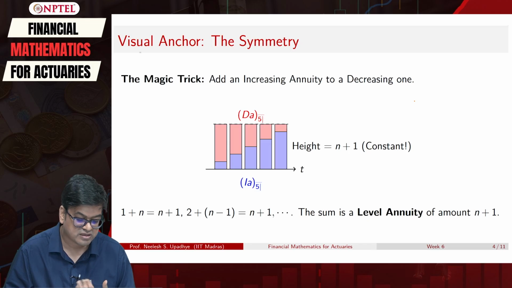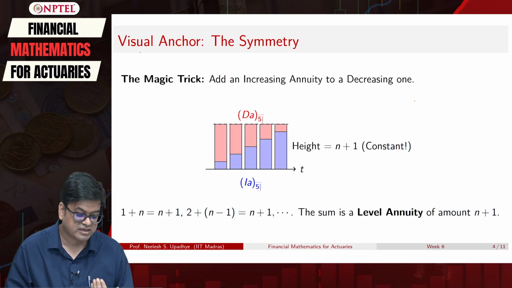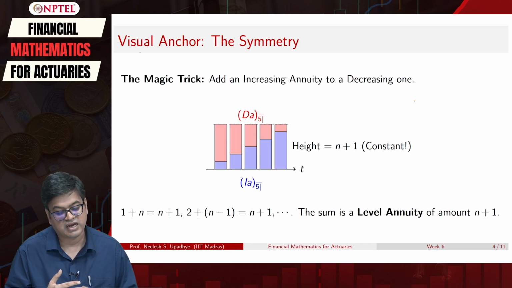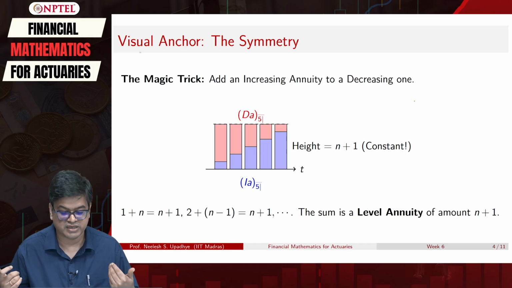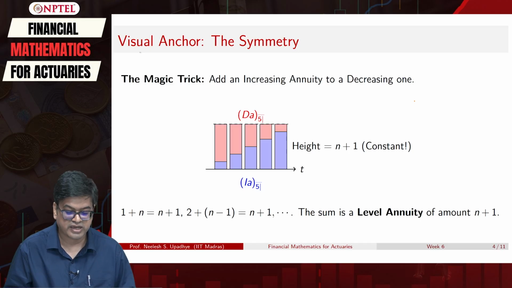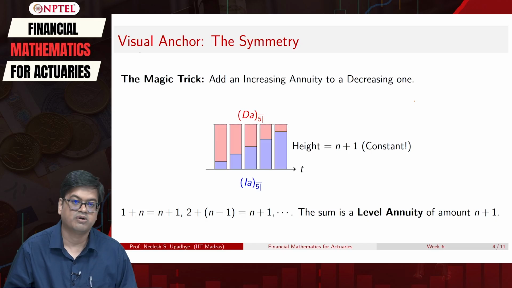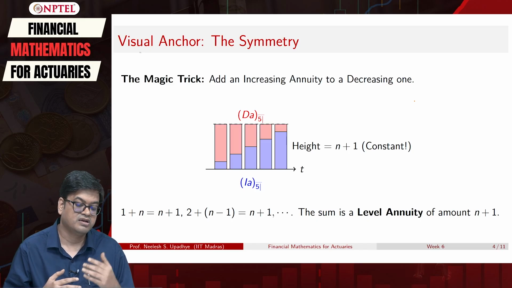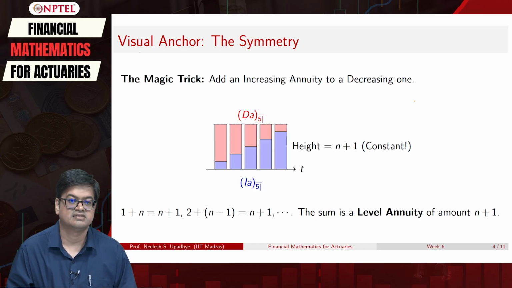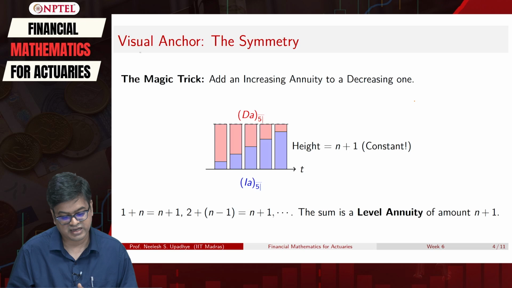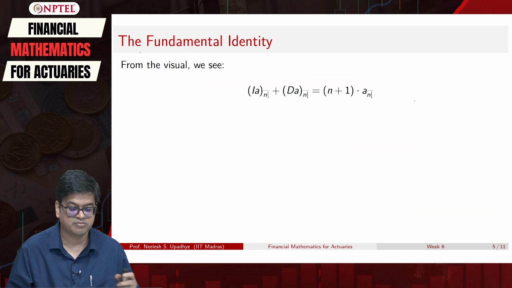The amount we are looking at is whatever the height of the column is. What is the height of the column? It is n plus 1. So we are looking at a level annuity of amount n plus 1. Can we use this knowledge to derive a formula for our decreasing annuities? The answer is yes, and I can do it in a very simple manner.